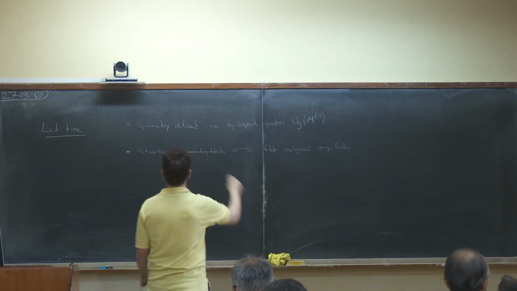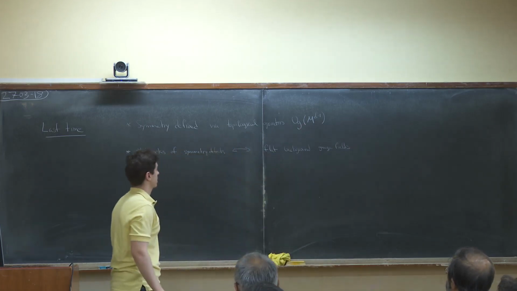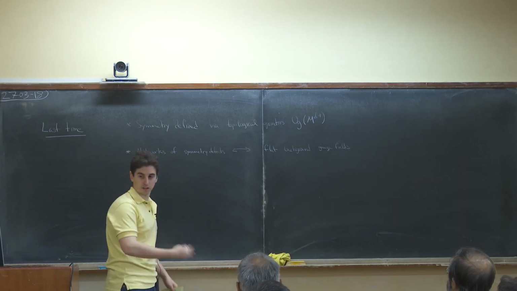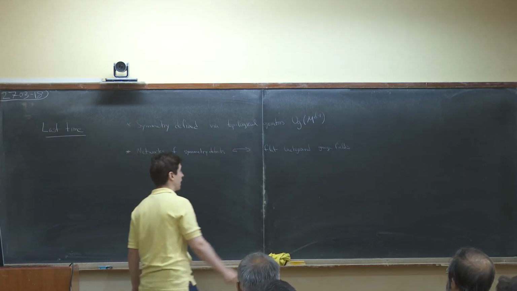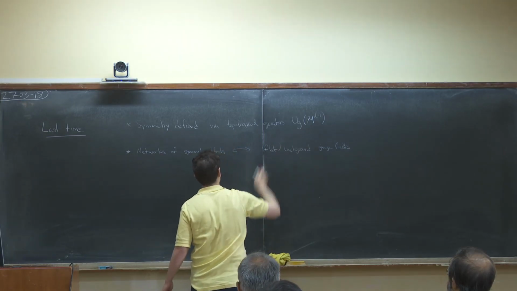So studying correlation functions in the presence of these defect operators is the same thing as just turning on a background gauge field for our system. And if G is discrete, if the symmetry group is discrete, we can really omit this term here.